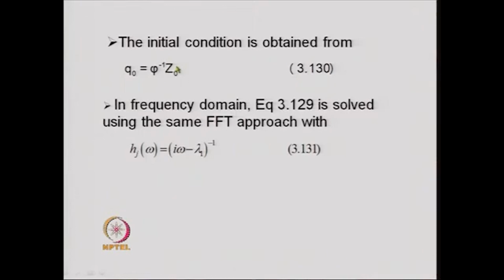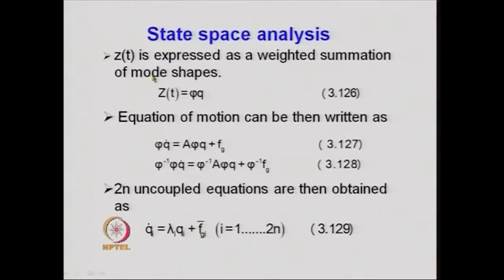So, since we are solving the equation in the modal coordinate system or the generalized coordinate system, we have to provide the proper initial condition in terms of the generalized coordinate. So, that we obtain by inverting, that means finding out q over here, q is equal to phi inverse z.